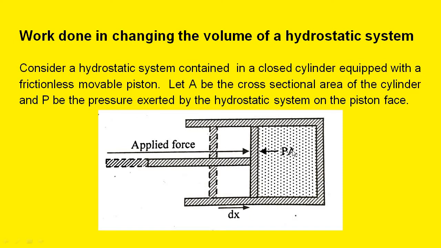So a force of P into A is acting here by the system. If by application of a force you are trying to move this piston, you have to apply a force which should be just greater than this PA. Or theoretically, when you apply a pressure P into A on this side, you can move that piston.